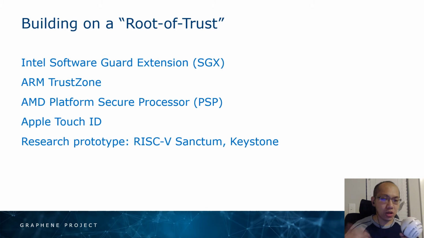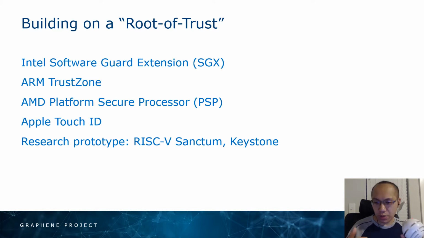So far, there have been a lot of examples of building hardware features to provide this kind of root of trust, not only for the clouds but also for other kinds of environments. The classic example I will introduce today is Intel Software Guard Extensions. This is one of the mainstream off-the-shelf CPU features for providing the root of trust.